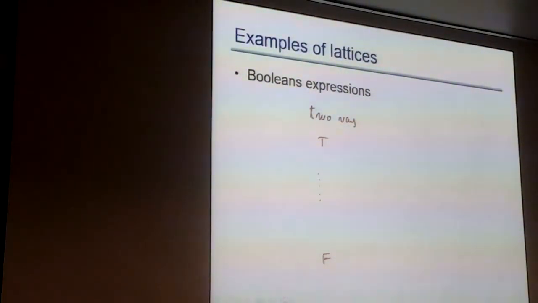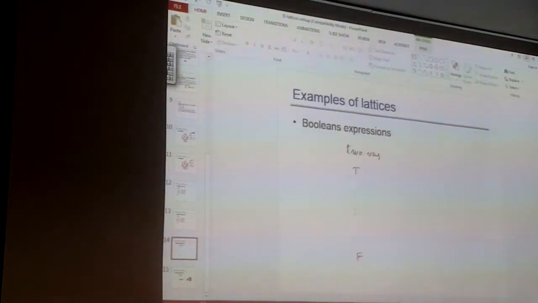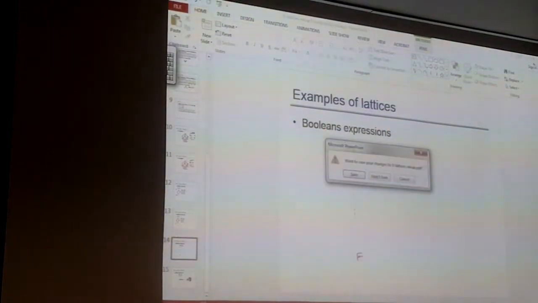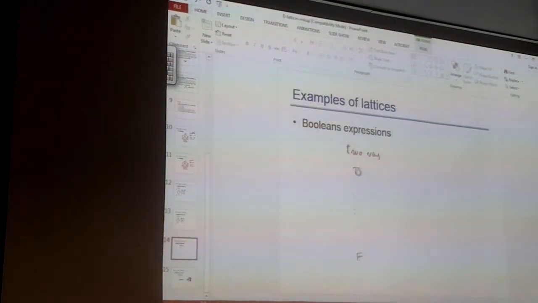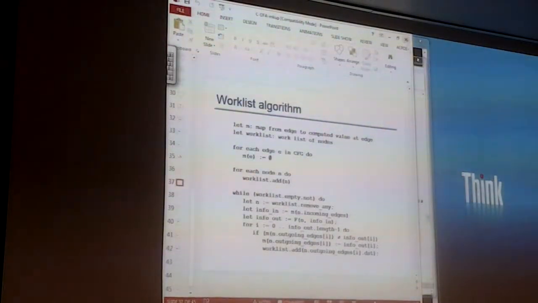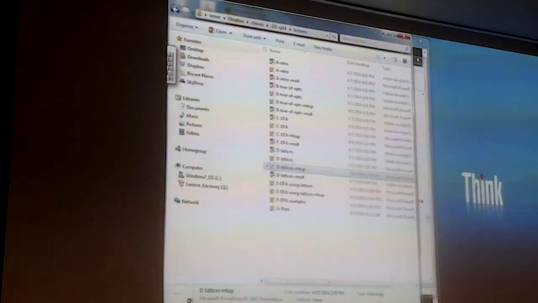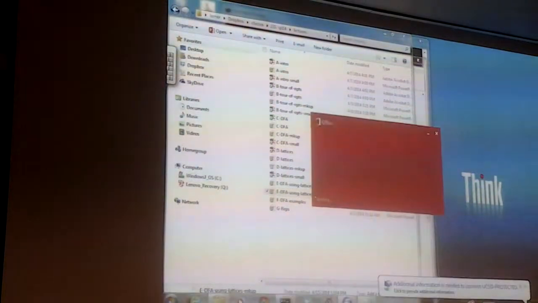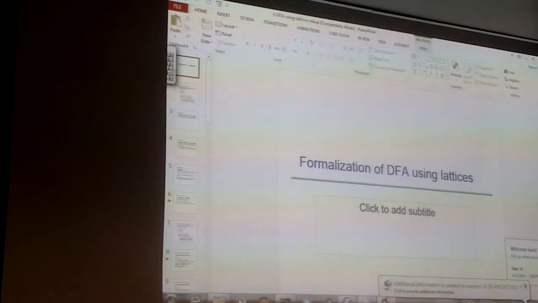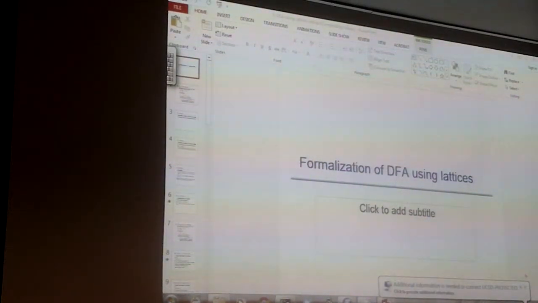So now, what are we going to do? We're done with this part, and that was the end of the digression.